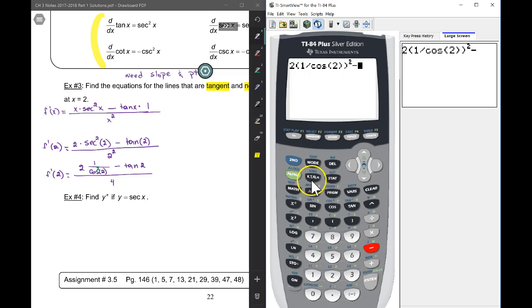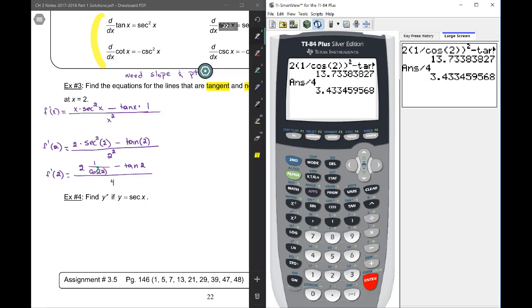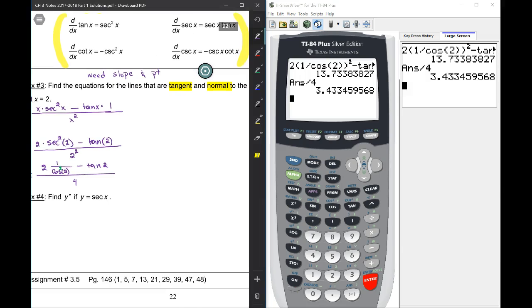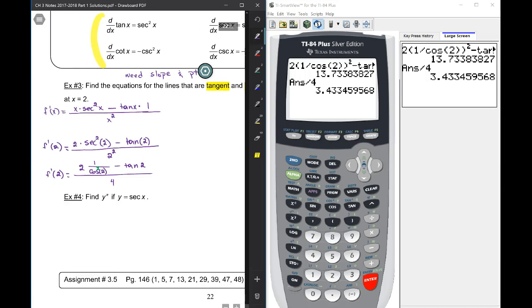Minus tangent of 2. Okay, divided by 4. All right, so it's 3.433. Now, we're going to go to 3 decimal places. So this is going to be 3 point.